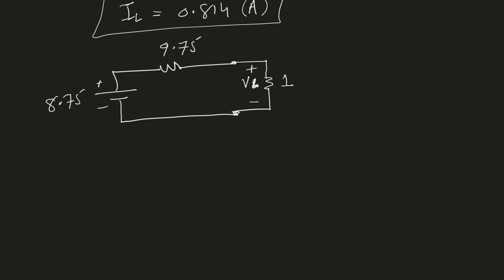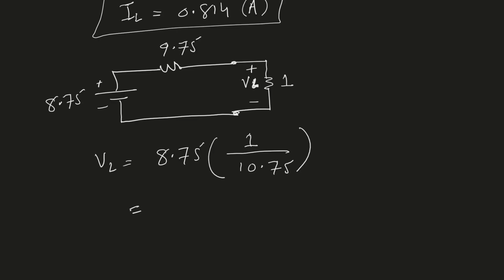So to find the load voltage, VL, we can use the voltage divider rule, which is 8.75 multiplied by the resistance across which I want to find the voltage, divided by the series combination, which is the total resistance. And now it is 9.75 plus 1, so that's 10.75.